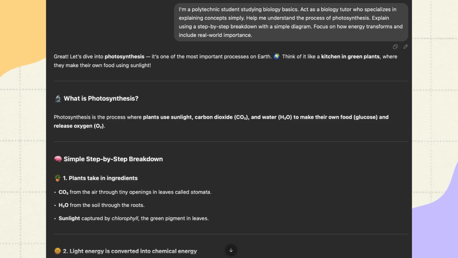Aim. Help me understand the process of photosynthesis. Format. Explain using a step by step breakdown with a simple diagram. Task. Focus on how energy transforms and include real world importance. This detailed prompt is much more likely to give you an explanation that matches your learning needs.